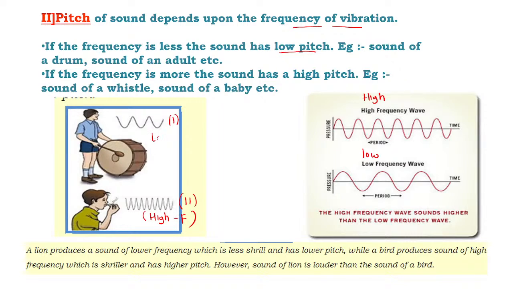It is low frequency. So whose sound will be high pitch, drum or whistle? It is the drum which has low pitch sound, whereas a whistle is high pitch sound.